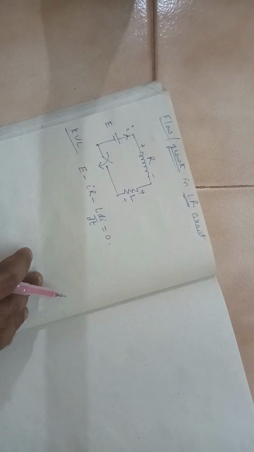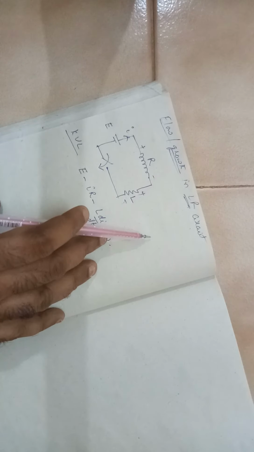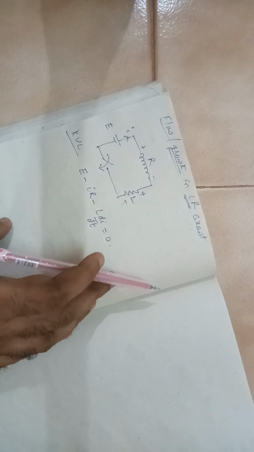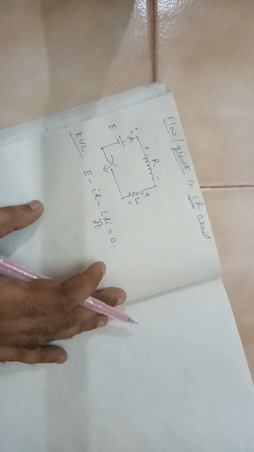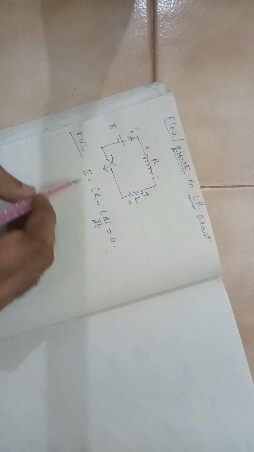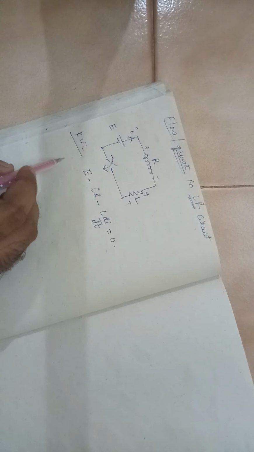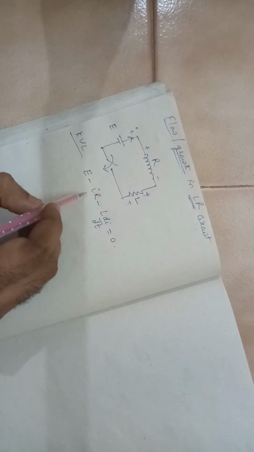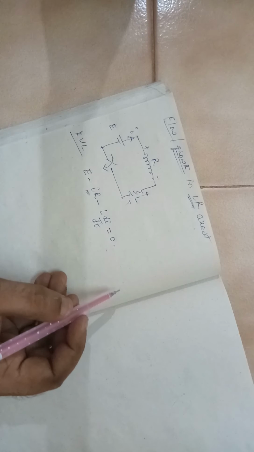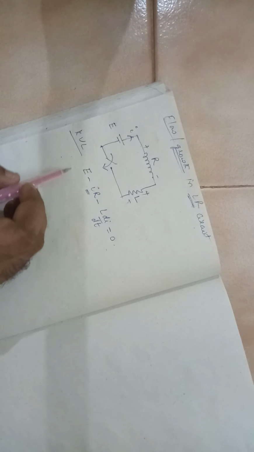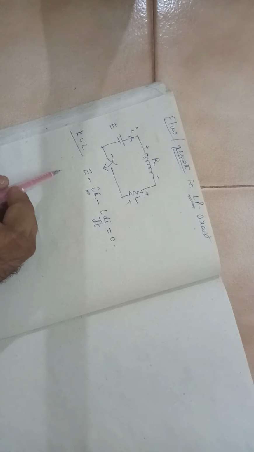At this stage we are not really bothered about the sign. We are deriving an expression. So from here we can write that, we are finding an expression for I. So I will rearrange the terms.